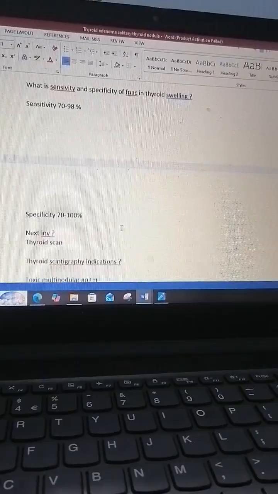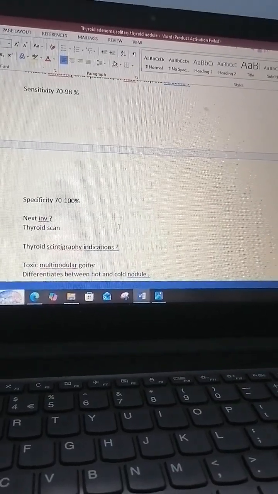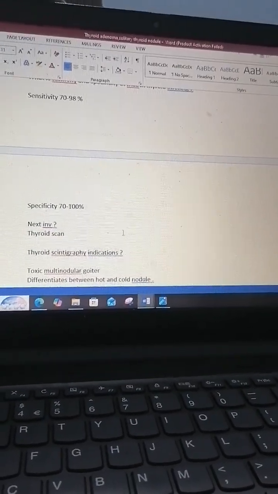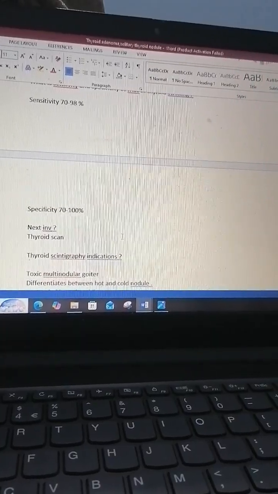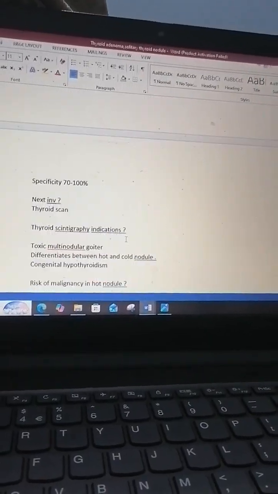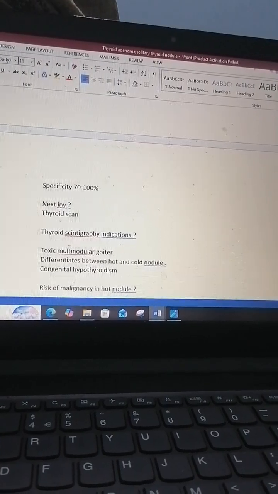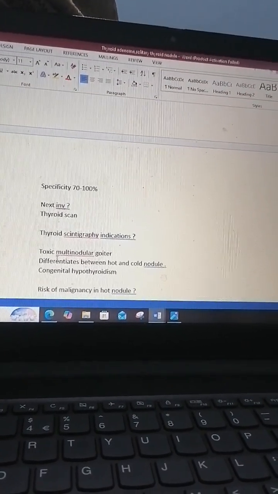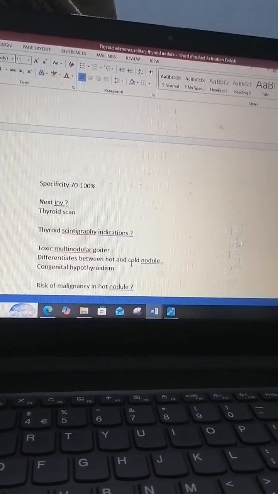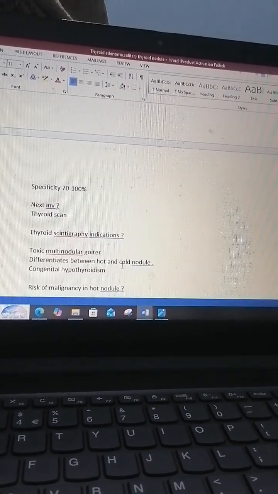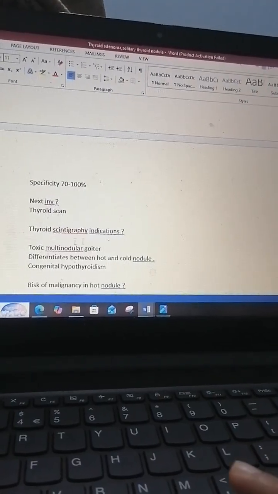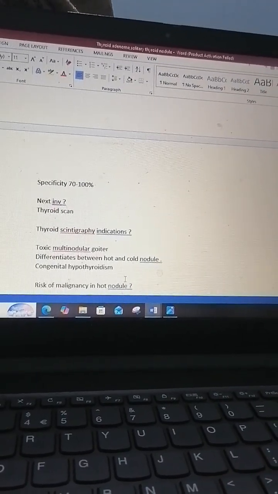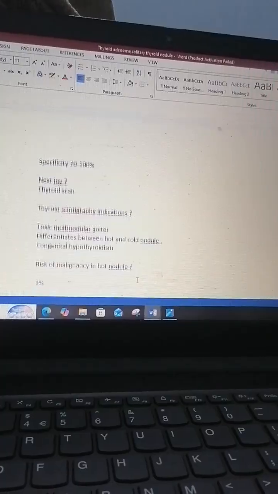Okay, the next investigation in a solitary thyroid swelling is the thyroid scan, which is thyroid scintigraphy. There are many indications of thyroid scintigraphy, which are toxic multinodular goiter, the second one is to differentiate between hot and cold nodule, and the third one is congenital hypothyroidism.